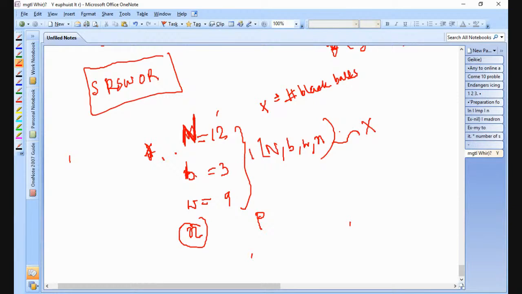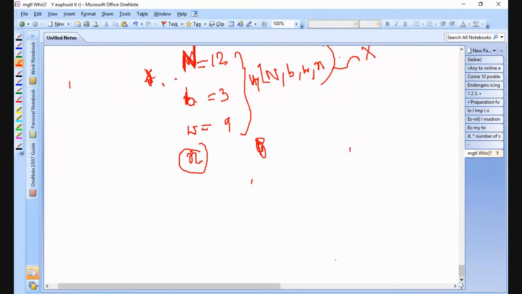Did you understand? n is equal to 2? No, in this case n will not be equal to 2. In this case, n is equal to 6. Perfect.